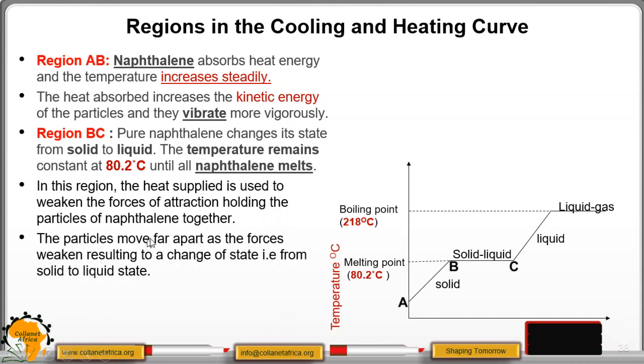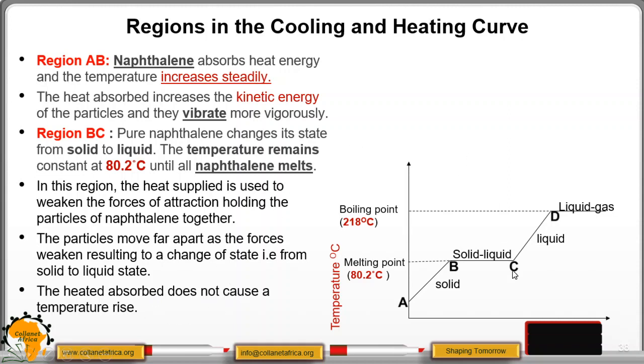The particles move far apart as the forces weaken, resulting in a change of state from solid to liquid. That is why there is no increase in temperature. The heat absorbed does not cause a temperature rise.